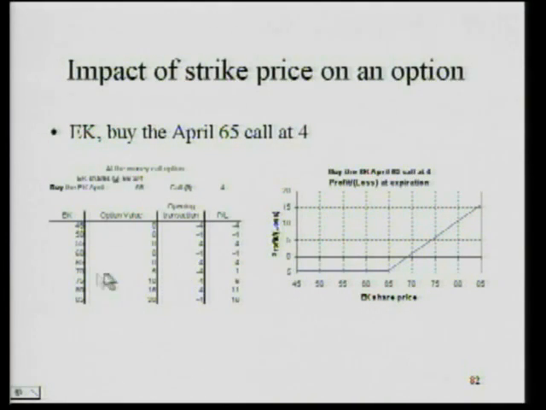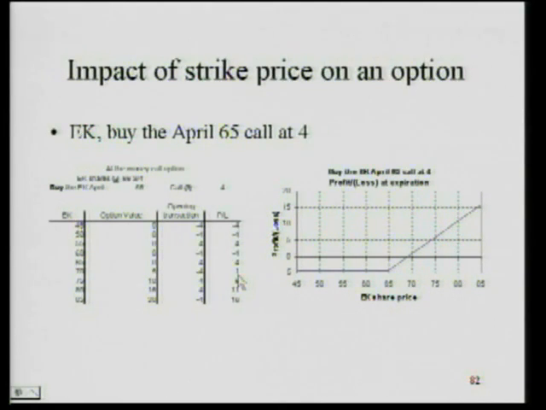I want to review this real quickly. At 70, we buy the 65 call, we had the right to buy the stock at 65. We buy it at 65, sell it for 70. In the open market, we net 5, we paid 4 for the option, we make $1.